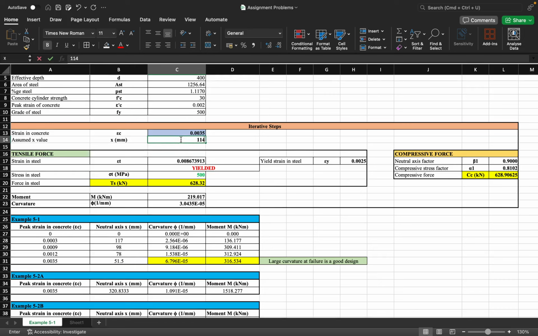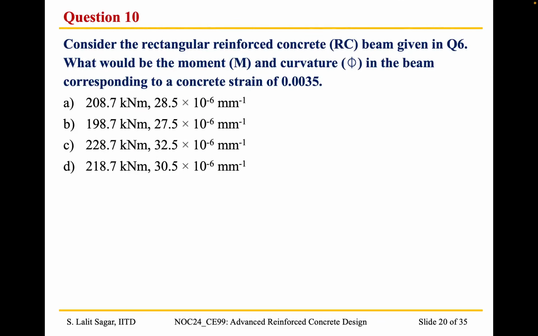Ultimately I got, for a value of 114.8, almost equal values of equivalent compressive force and the tensile force, and the corresponding value of M is 218.7 kilonewton meter, and the value of curvature is 30.5 into 10 to the power minus 6 per millimeter. So it is 218.7 and 30.5. So option D is the right answer.